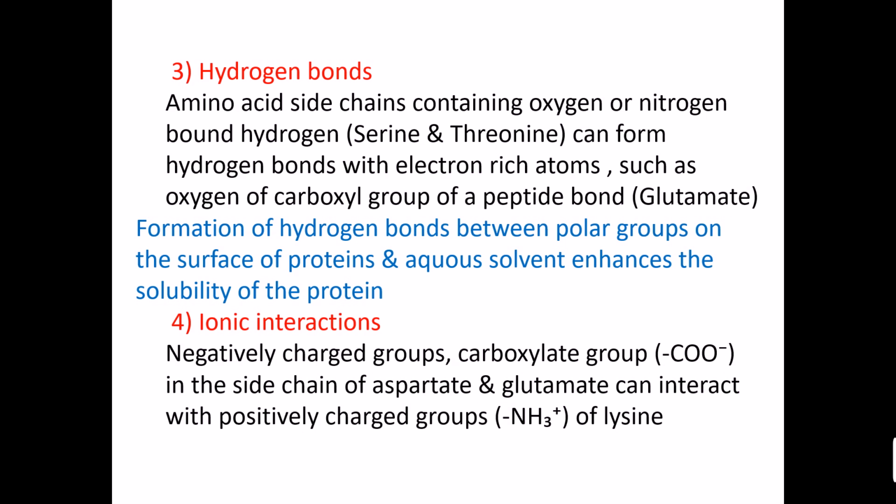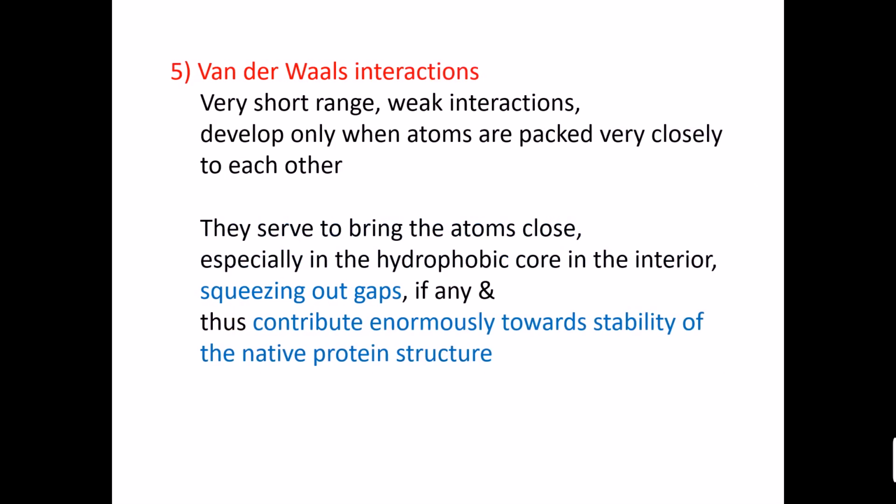Negatively charged carboxylate group and positively charged amino group make bonds with the different amino acid residues. Van der Waals interactions are very short range, weak interactions, developing only when atoms are packed very closely to each other, but they serve to bring the atoms close and squeeze out gaps, and thus contribute enormously towards the stability of the native protein structure.